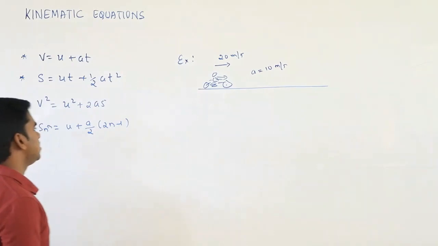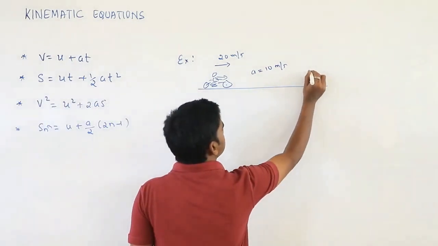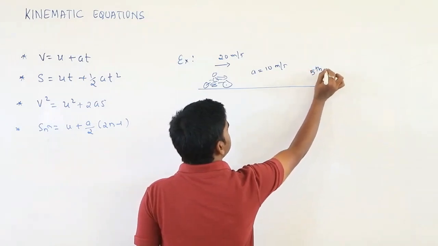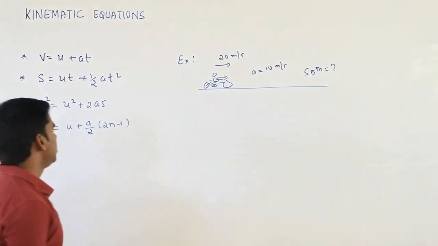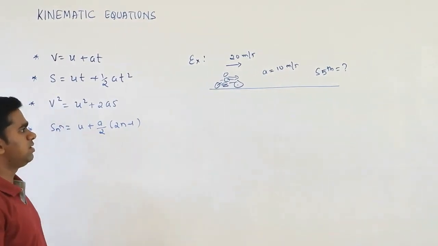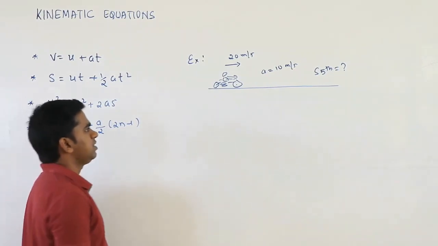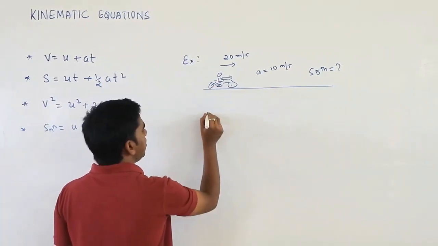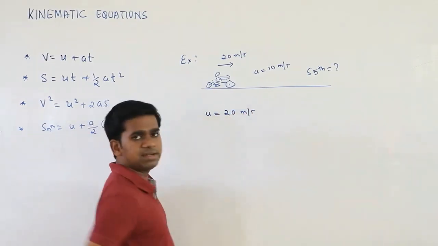As acceleration starts, he gives an acceleration of say 10 meters per second squared, and they are asking what is the distance travelled in the fifth second. Obviously, all the things required for the formula are given. What is that? Initial velocity u equals 20 meters per second.